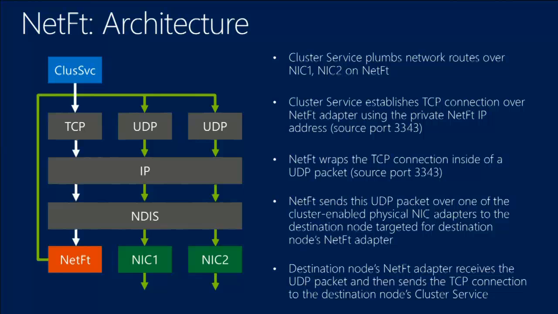On the destination node, the UDP wrapped TCP packet is received by the netft adapter, and netft then unwraps the UDP header and sends the TCP packet up the stack to the cluster service. So that's how the cluster service establishes a TCP connection between the two nodes. But on the wire, you would see only UDP traffic.